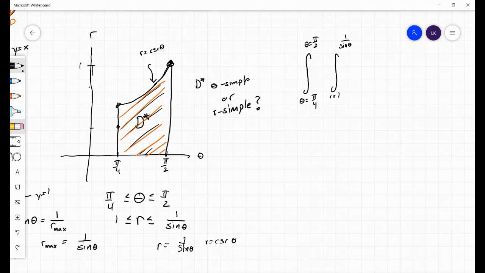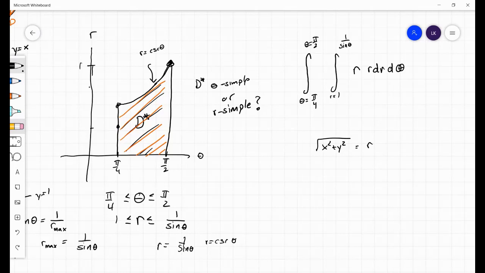And what was the function we were integrating? It was the square root of x squared plus y squared. So in polar coordinates, it's exactly equal to r. And what is the differential area element in polar coordinates? That's right, it's r dr d theta.